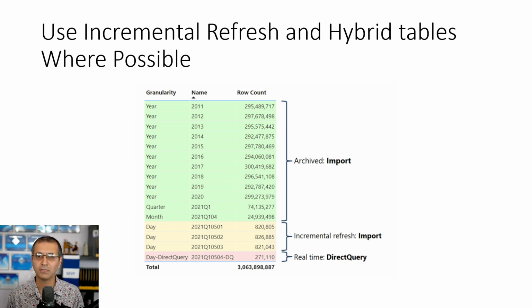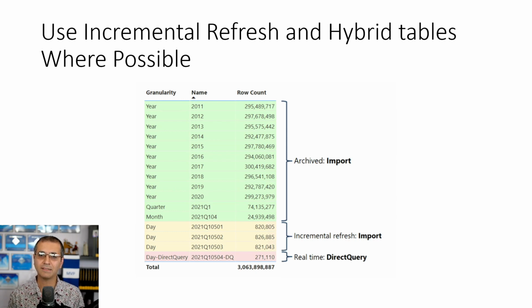You probably need to reload the data of the last year, but not all those historical information. So you can populate the historical information once, that last 10 years, 20 years, and then the most current year, you just reload that again and again. This is incremental refresh, can be set up really simply, and it will be really helpful. It will make your refresh time much faster in a Power BI dataset.